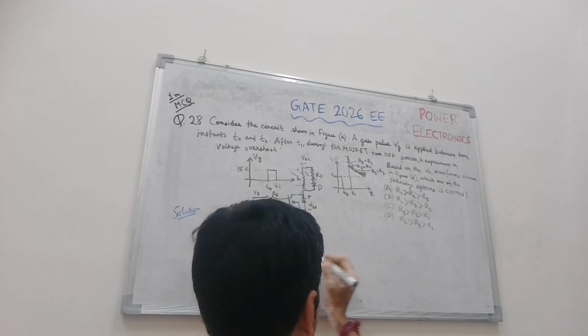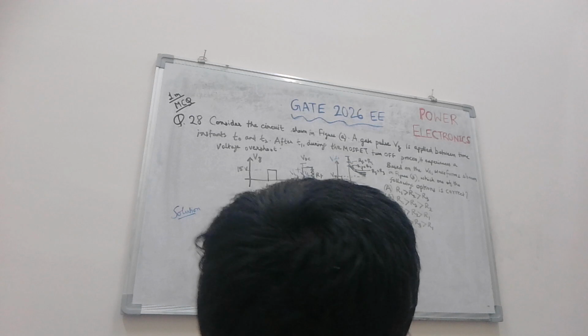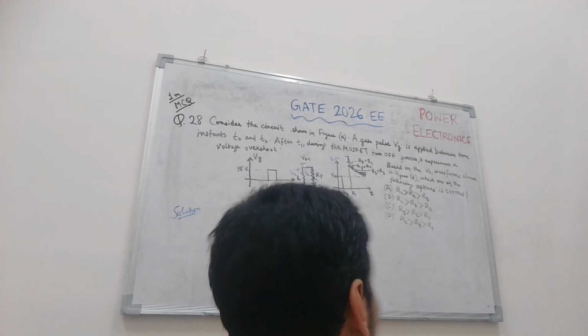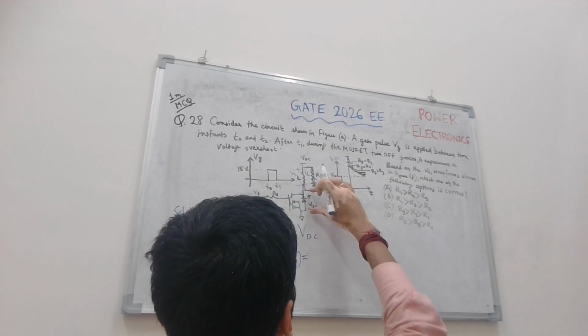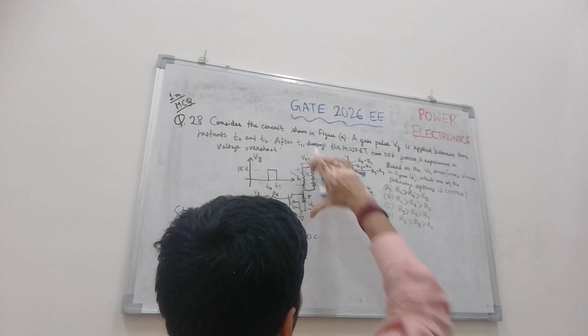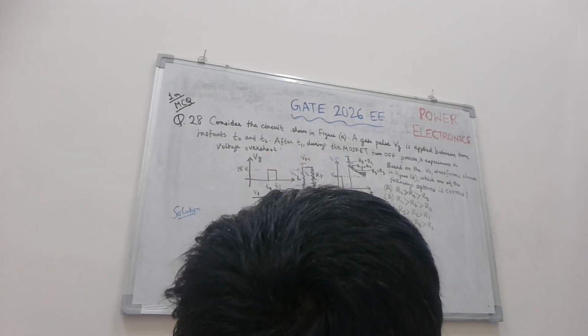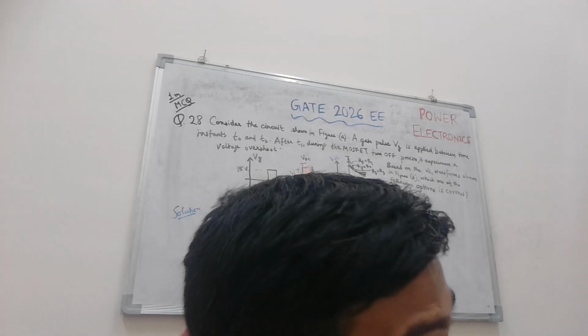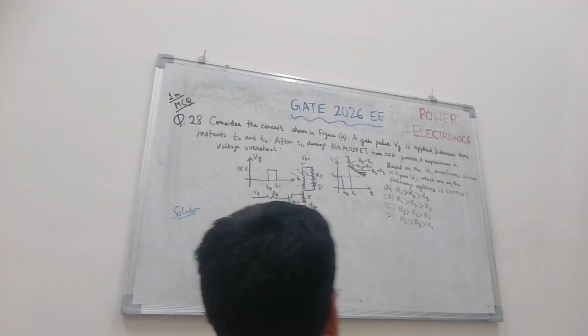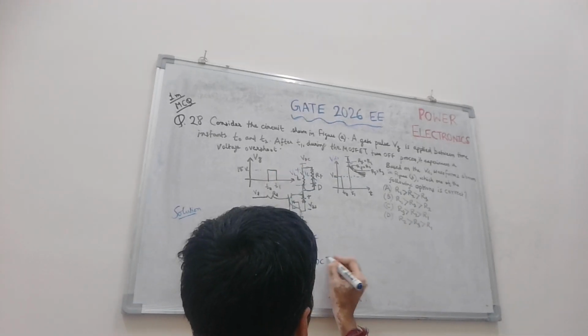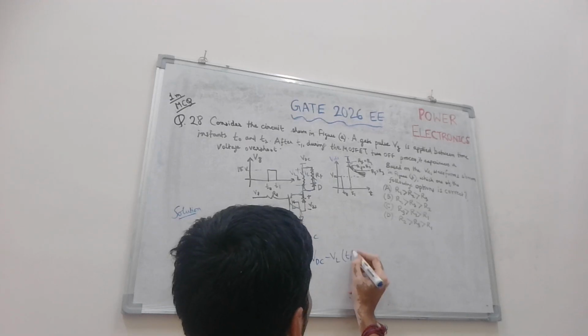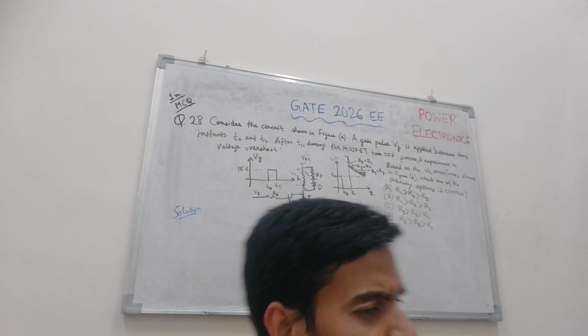VDS at T1 can be written as VDC minus VL at T1. We apply KVL: VL plus VDS equals VDC. So VDS will be VDC minus VL at T1. VDC is constant, so it is not a function of time.